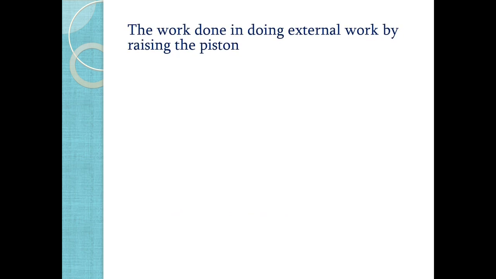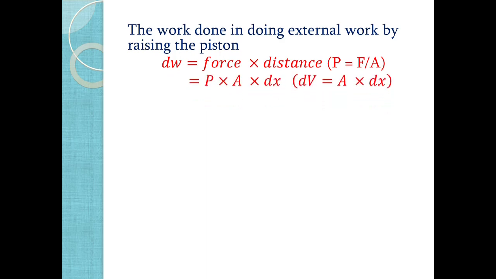Next, let us calculate the external work done for raising the piston. We generally know the work is given by force into distance. Here we do not have the direct value of the force, but we know the pressure is equal to force per unit area, that is F by A. So force is equal to pressure into area.